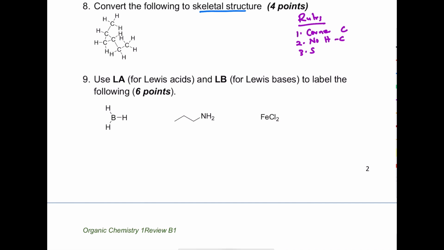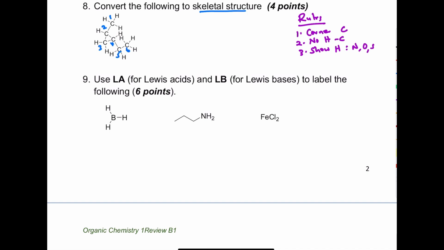Number 3, show hydrogen on heteroatoms, like nitrogen, oxygen, sulfur. And then, of course, if you have a double bond or a triple bond, you show it. Applying this rule, we're going to label the carbons: 1, 2, 3, 4, 5, and 6.